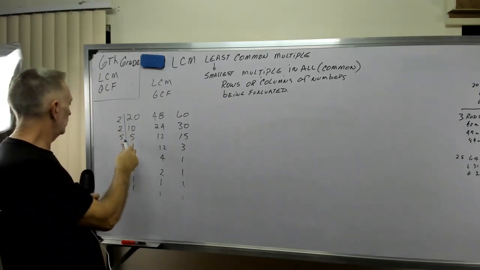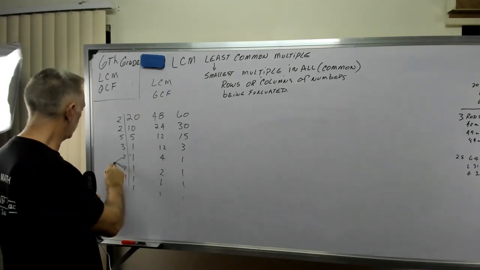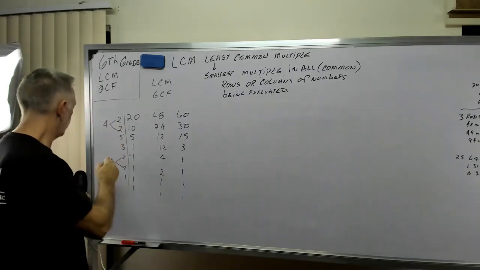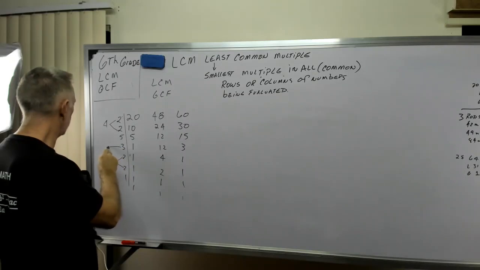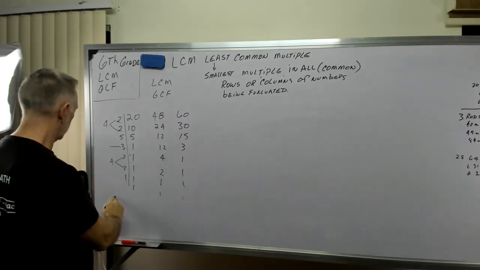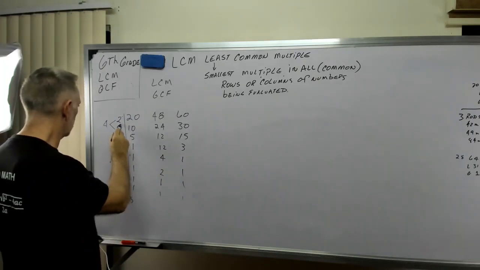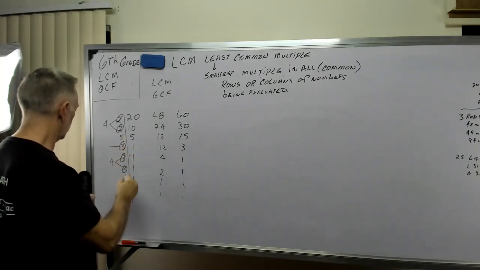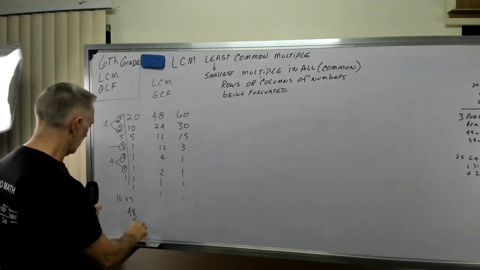2 times 2 is 4. 2 times 2 is 4. So these two are 4. These two are 4. 4 times 4 is 16. 16 times 3, which is 48, by the way. 48 times 5. 5 times 8 is 40.